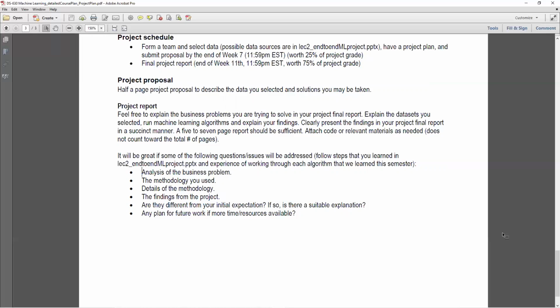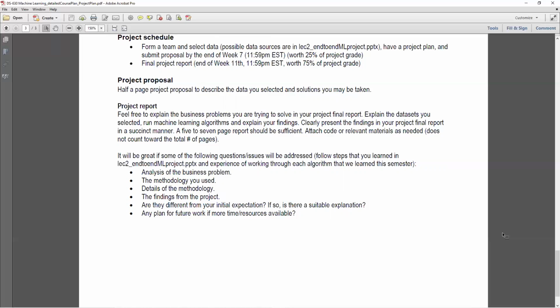Are you able to explain why this happened, why they are different from my initial expectation? Are they working well, or are they not working well because of such and such? And then if time permits, any plan for future work if more time or resources are available. Those are really the elements that you should include in your final report.